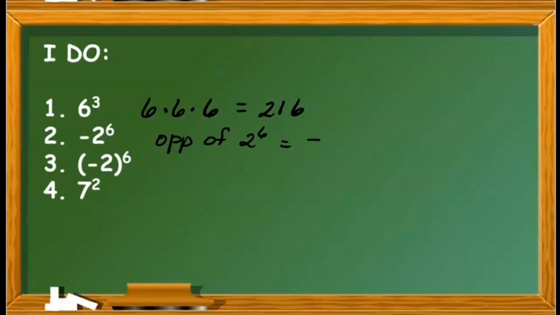When we take 2 to the 6, 2 times 2 is 4, times 2 is 8, times another 2 is 16, times 2 is 32, times 2 is 64. So 2 to the 6 is 64, but it says negative, or the opposite of. That's what that means.